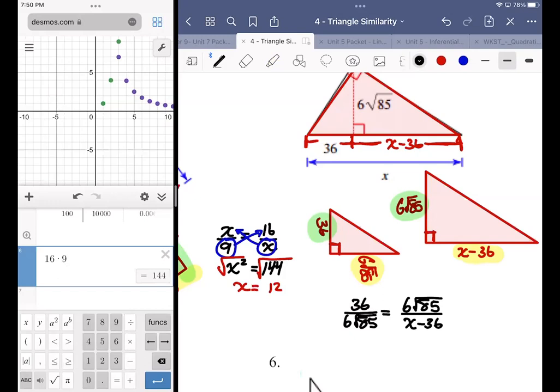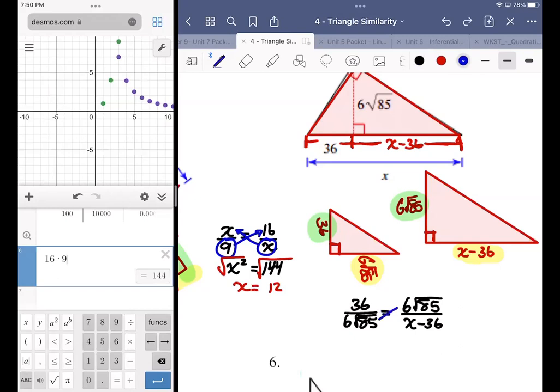So this one, you might remember when you're solving proportions, you typically want to cross multiply. I've been showing you all these tricks, but sometimes you're just better off cross multiplying, because if it gets too ugly, you find yourself in kind of a jam. So that's what I'm going to do here.